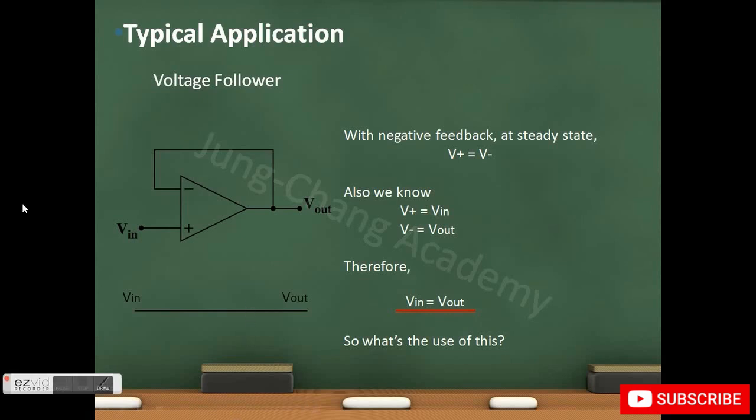To answer this, you need to understand that an op-amp has a very large input resistance and a very small output resistance. So this kind of circuit is useful when you are trying to separate two circuits. You'll learn more about this in the future when you need it.